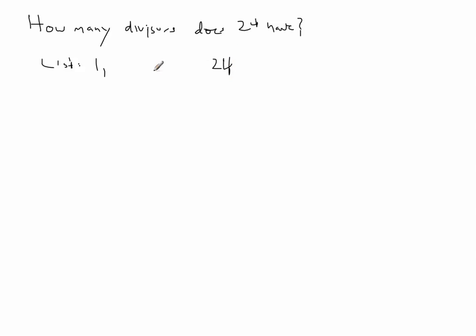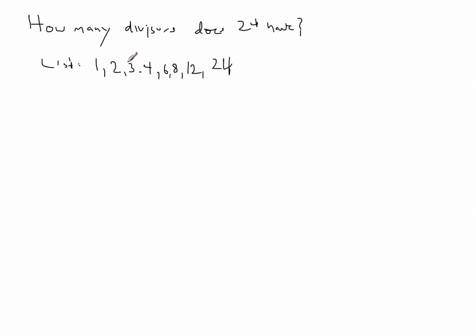All right, 2 is a divisor. 2's partner is 12. 3 has a partner. 3's partner is 8. And 4 has a partner, and 4's partner is 6. All right, so if we list them, that's all of them.